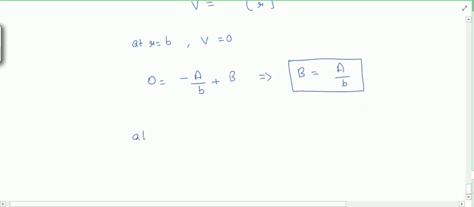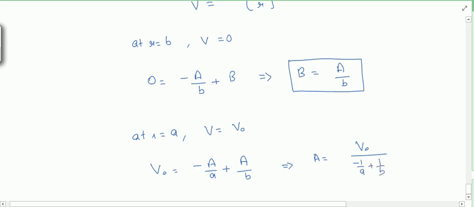Now the other boundary condition was at r equals a, V equals V naught. So we will use this. V naught is equals to minus A by small a plus B, and the B value is A by b, right? So the value of A will be V naught upon minus 1 by a plus 1 by b.